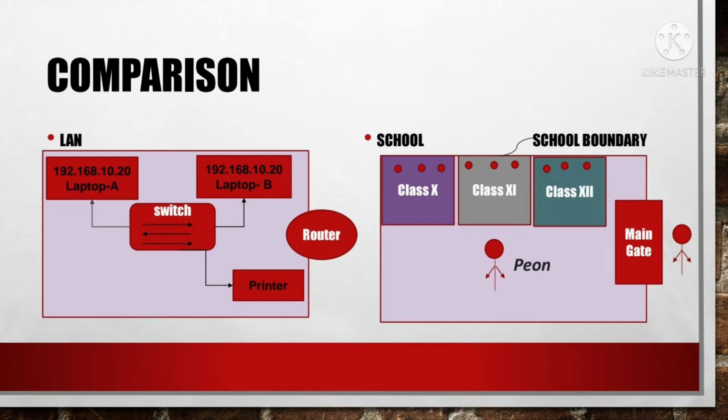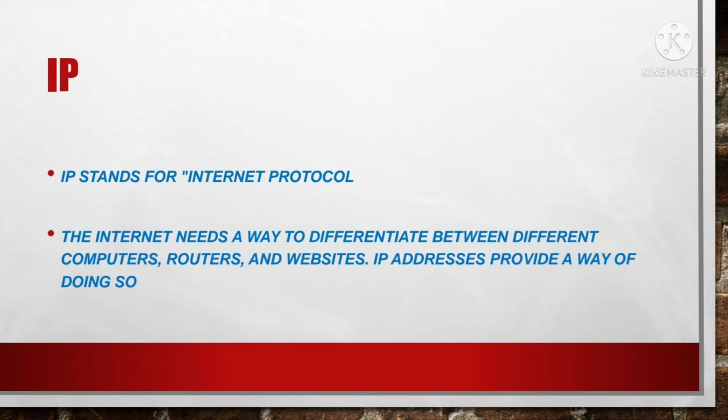So, first of all, what is an IP? IP stands for Internet Protocol. So, an IP is a logical address to identify and locate your specific machine on a local area network.